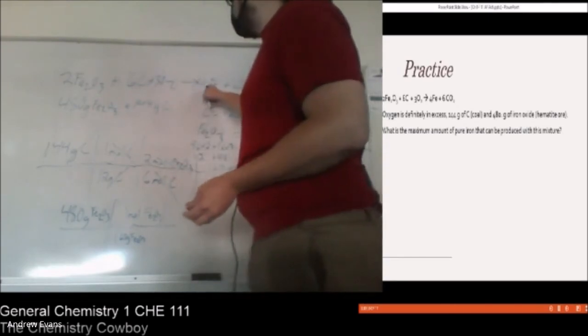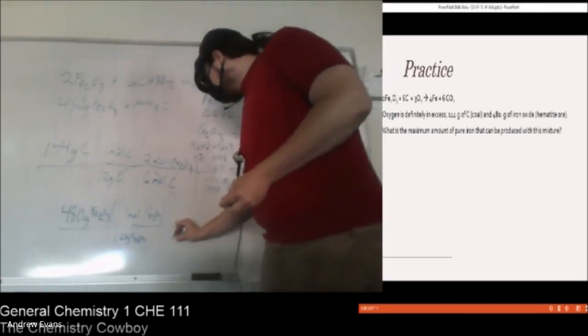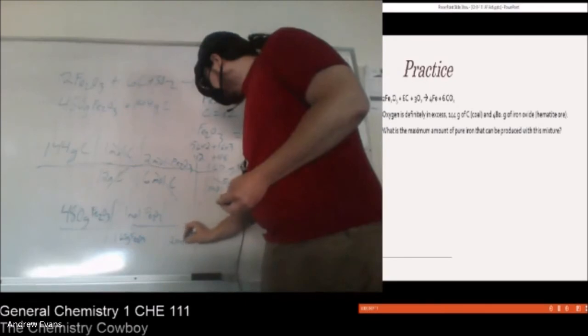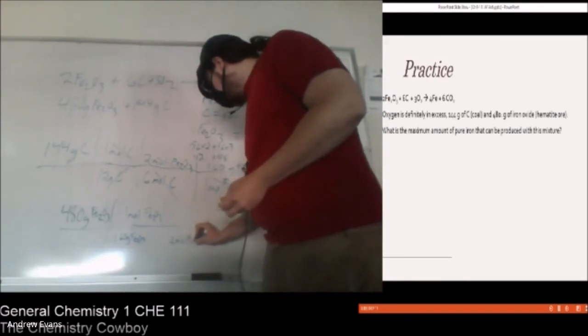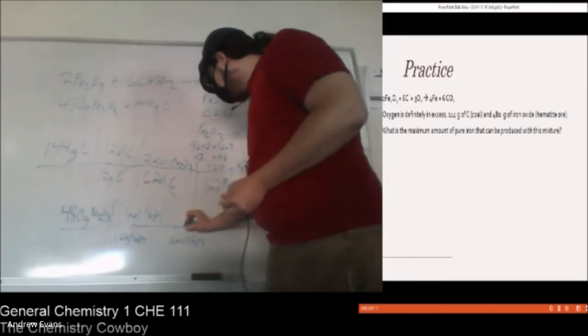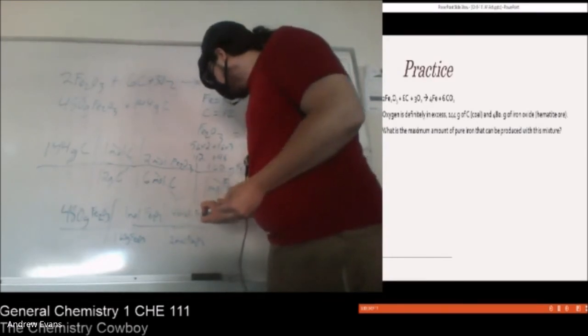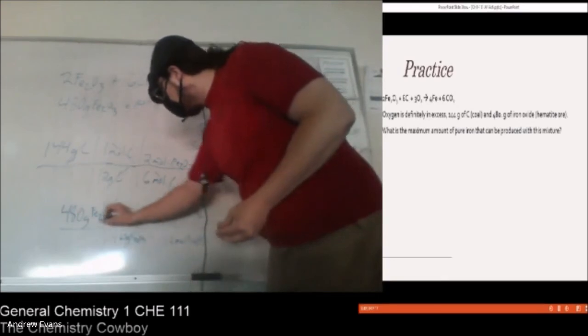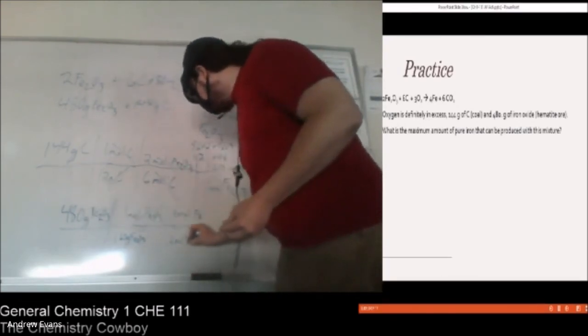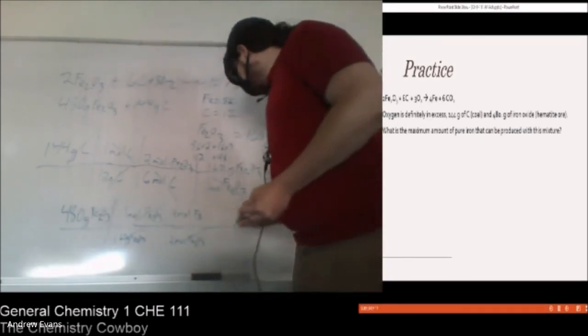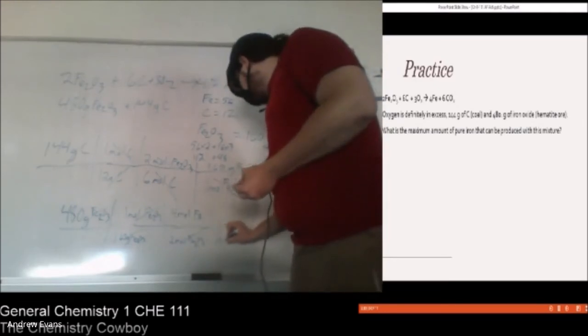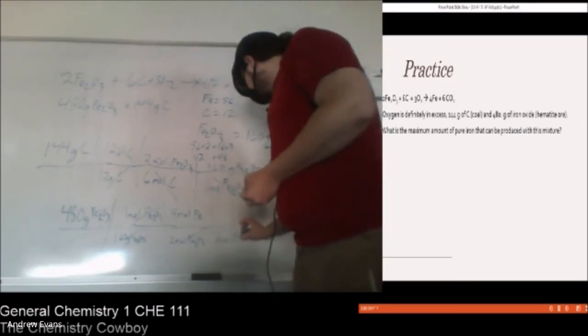For every 2 moles of iron oxide, we have 4 moles of iron. And then for every 1 mole of iron, it weighs 56 grams.